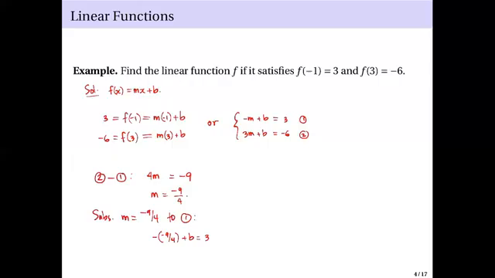If we put this number to the other side of the equation, we'll get b equals 3 minus 9 over 4. And if we simplify this, 3 times 4 is 12, 12 minus 9 is 3. So we will get 3/4.